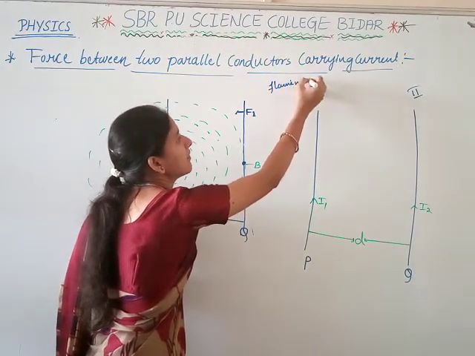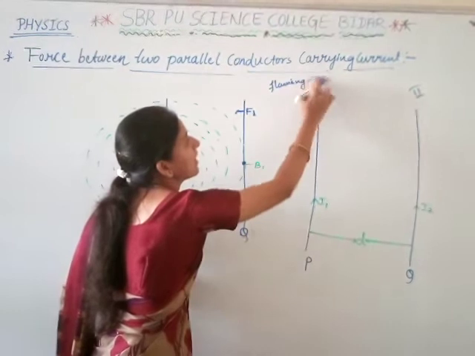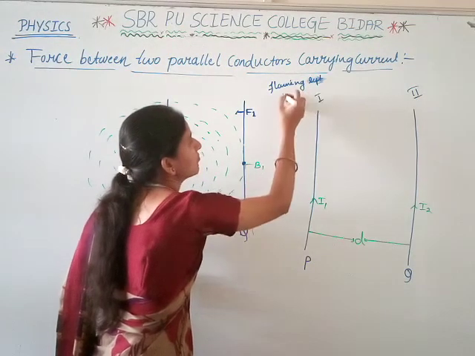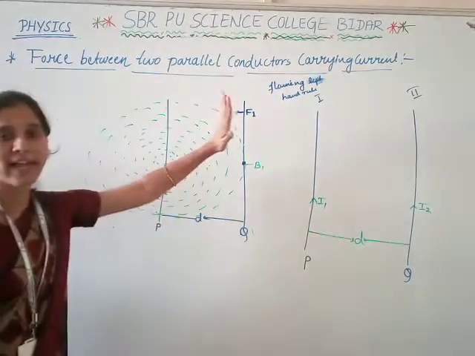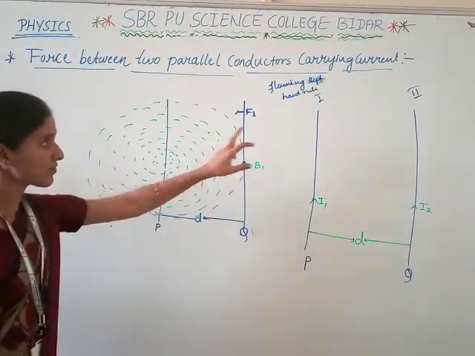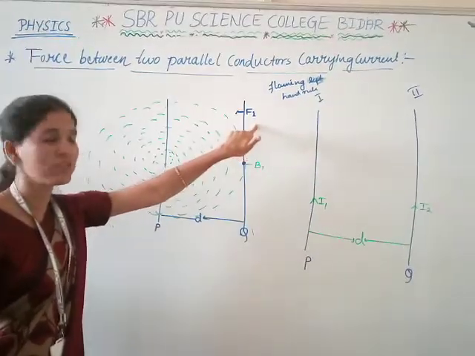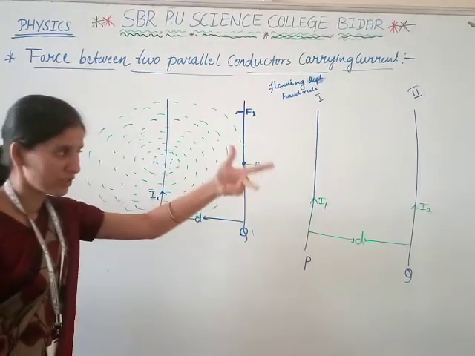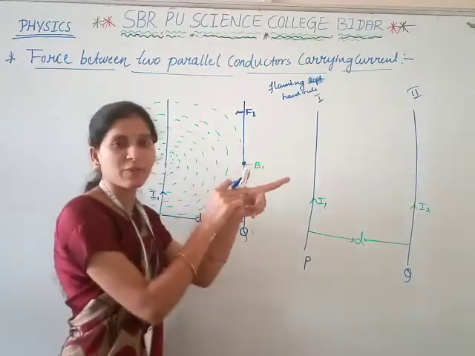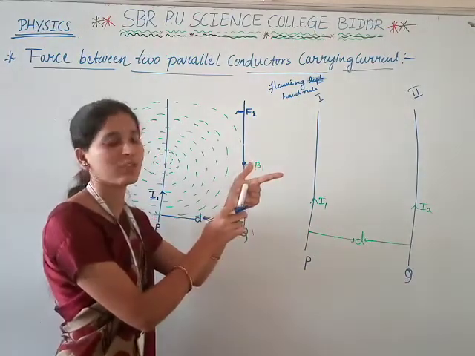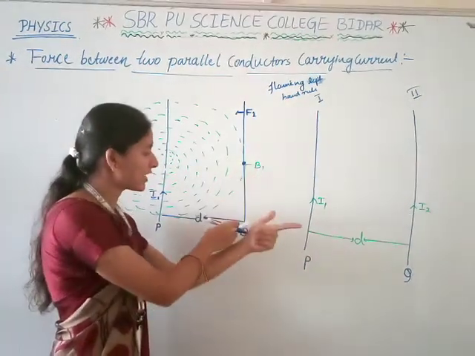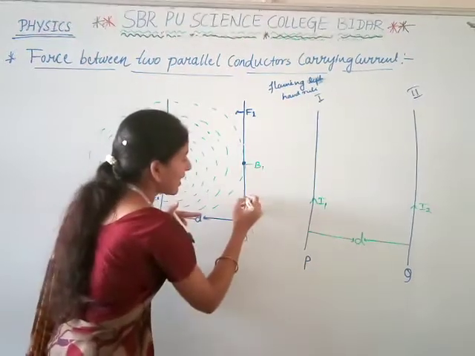By using Fleming's left hand rule we have to find the direction of the force. In Fleming's left hand rule, the three fingers show the force, the magnetic field, and the current. Now conductor Q has a current I2.